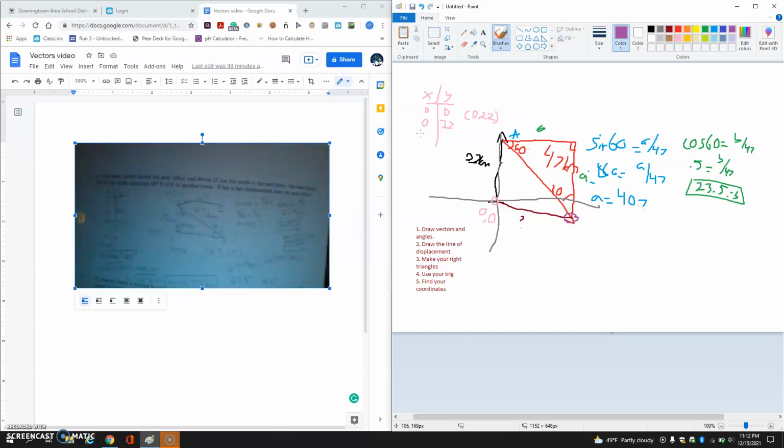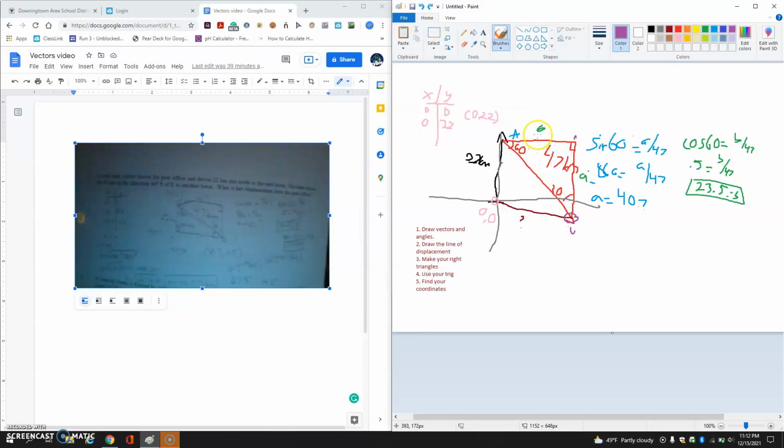Use our trig. So now we're on step 5, and basically we put those numbers down. So we got A being the Y, as you can see, it's going north and south. So it would be Y. Again, think of it: Y is north and south.